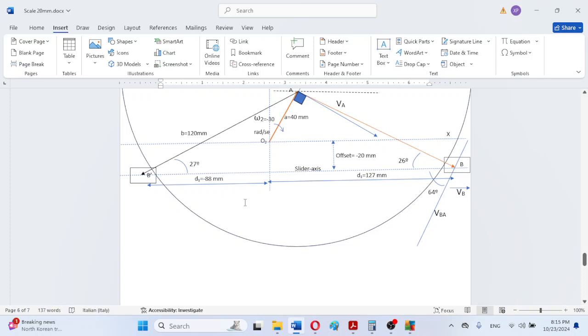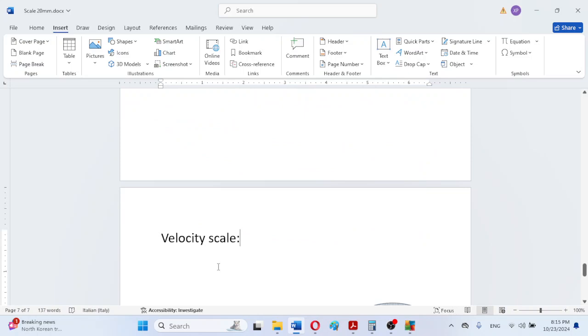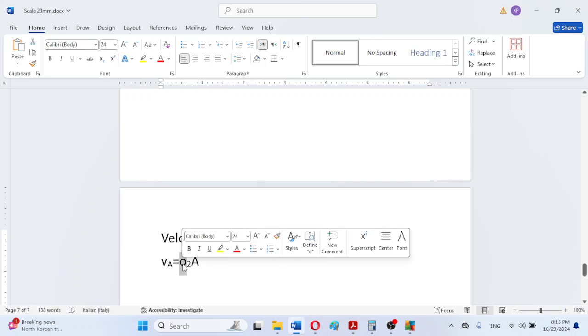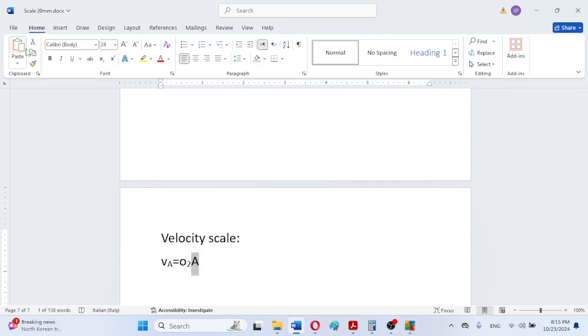So here, as we observe, the magnitude of the velocity of point A, VA, is equal to O2A.